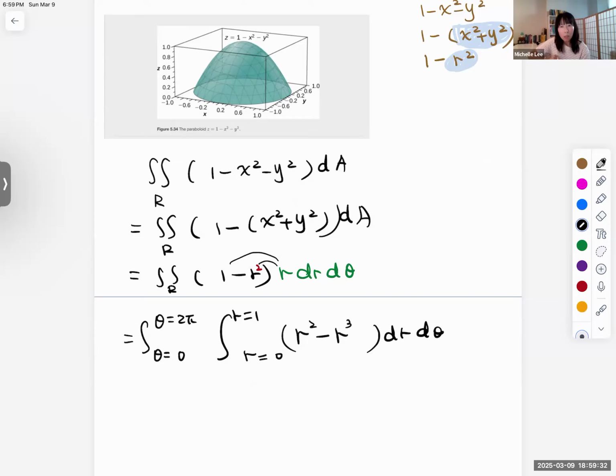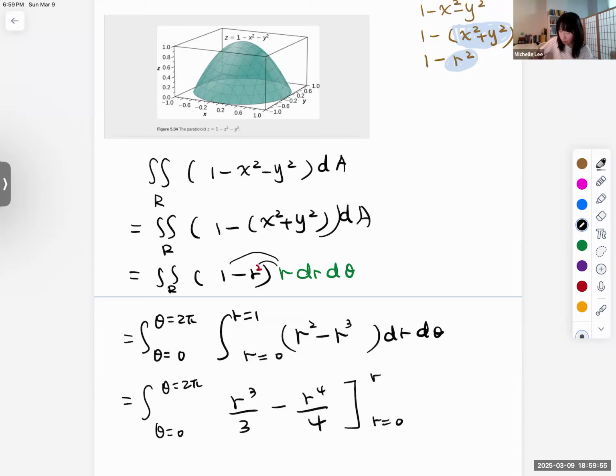Yeah. Okay, so we integrate with respect to r, what do you get? Theta from 0 to 2 pi, r to the third power over 3, r to the fourth power over 4.